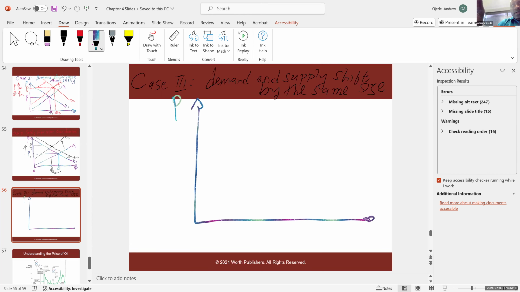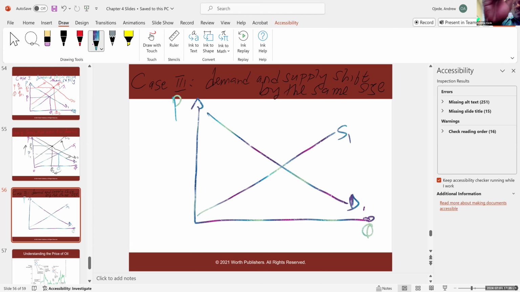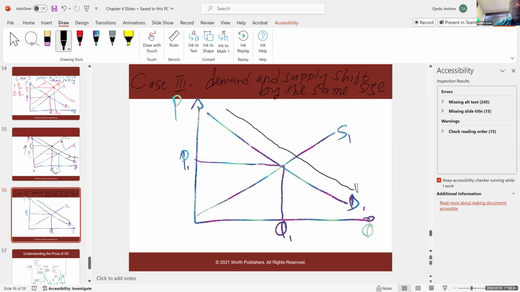You get price here, quantity here. This is my initial supply and initial demand curve. This is my initial equilibrium quantity, Q1, and equilibrium price, P1. In this case, both curves shift by the same magnitude. The demand curve shifts to the right because winter is cold, and people need to heat more of their homes, meaning demand is going up.